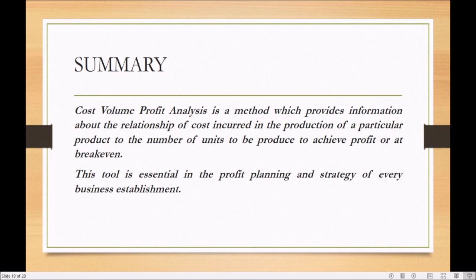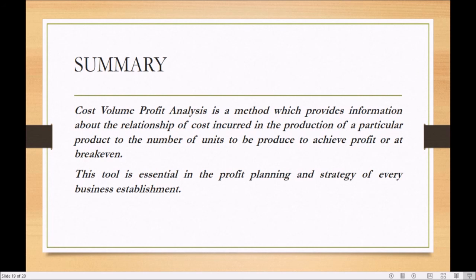Ibig sabihin, at what level na participants dapat ma-achieve natin at this particular selling price, na para hindi naman maglalabas pa tayo ng personal funds related to this seminar. Okay? So CVP analysis is very important, particularly on profit planning process.